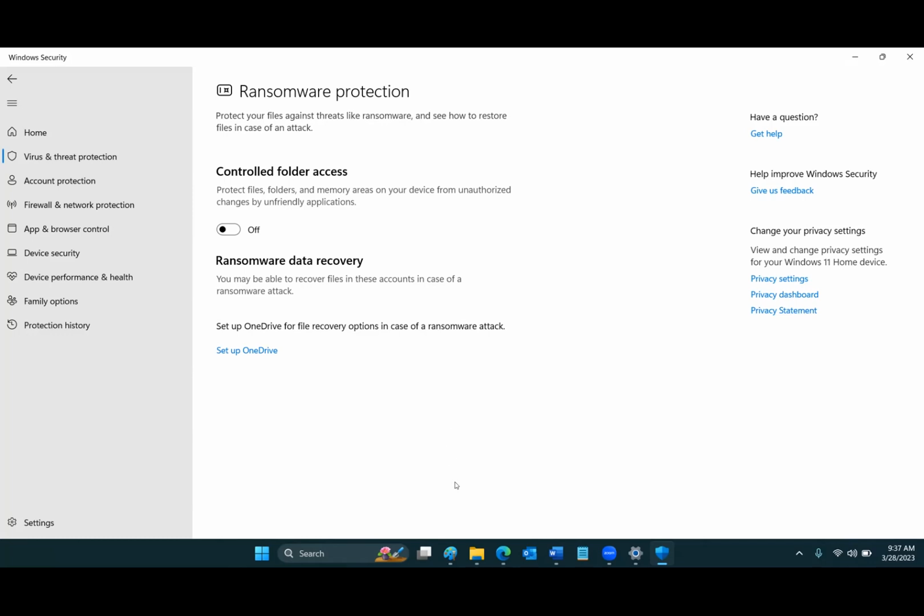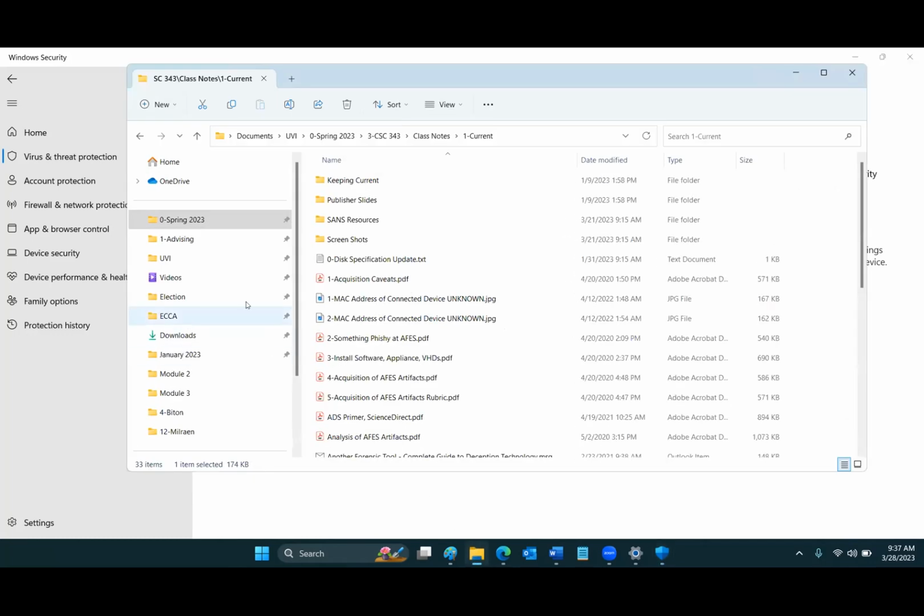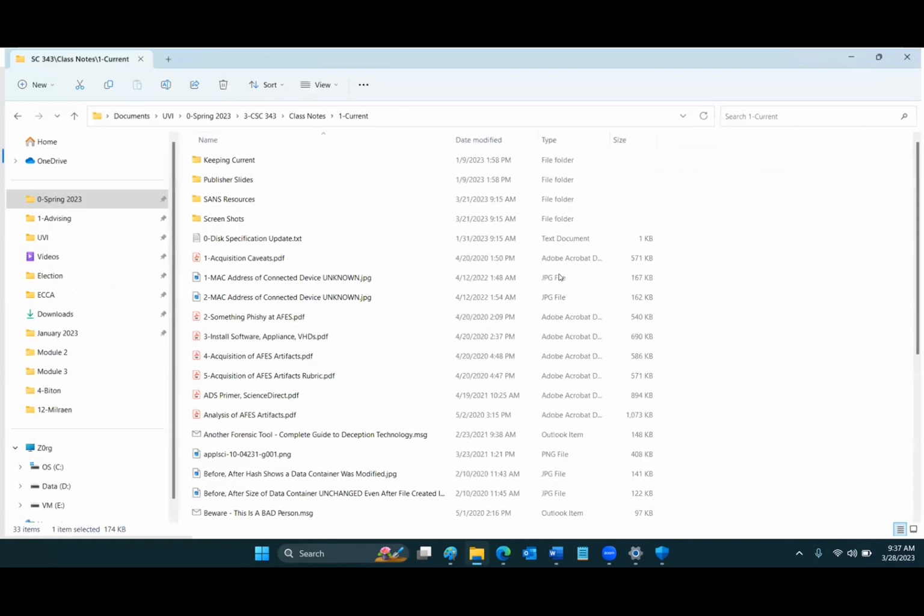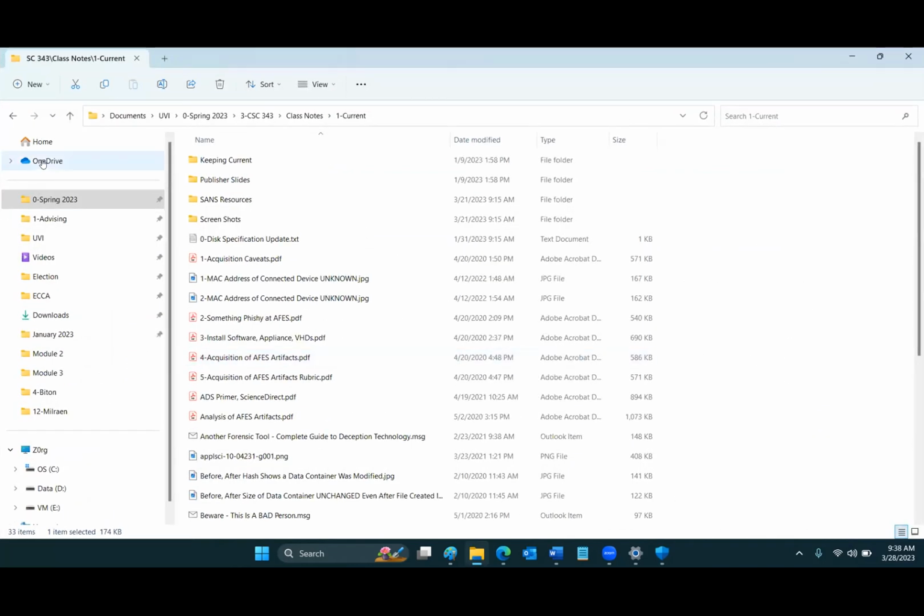But the thing that is counterintuitive about OneDrive is that if you have it configured so that it's open and on all the time and ransomware hits, ransomware is going to generically start to spread from the local disks to the cloud disks. It's just another disk.